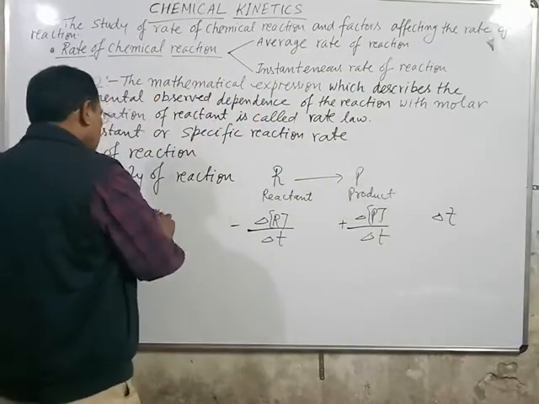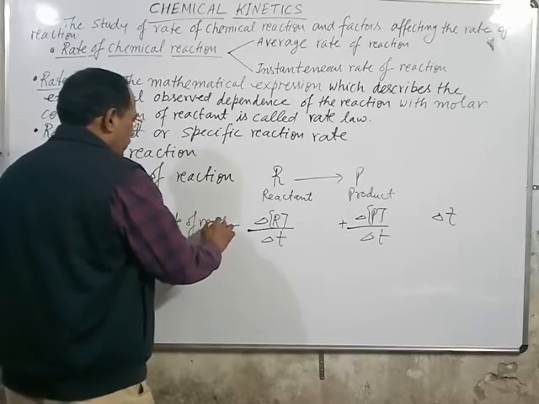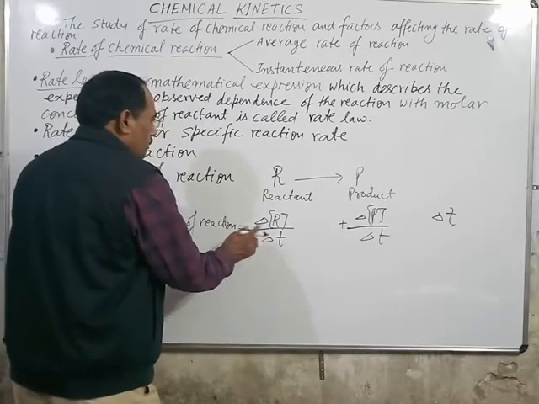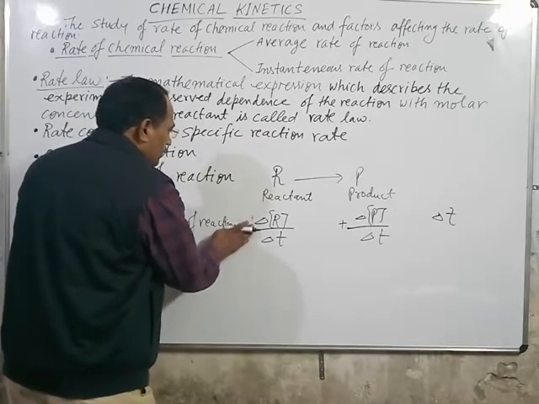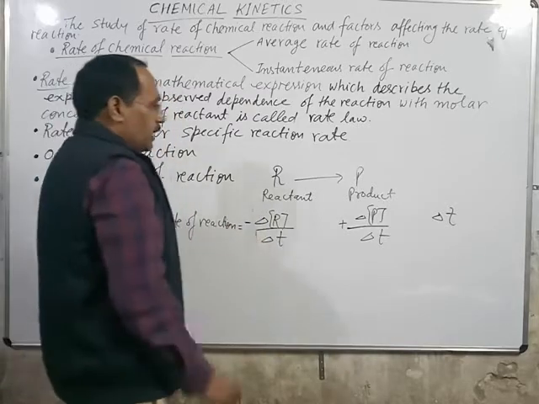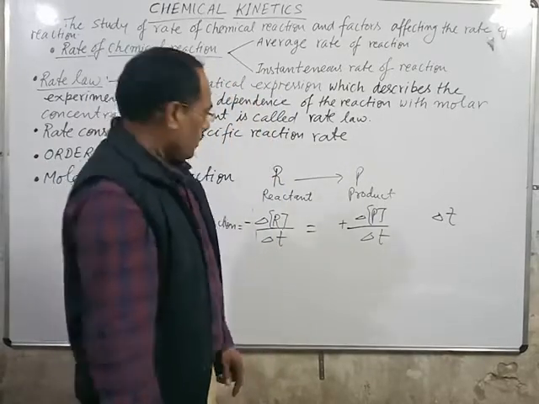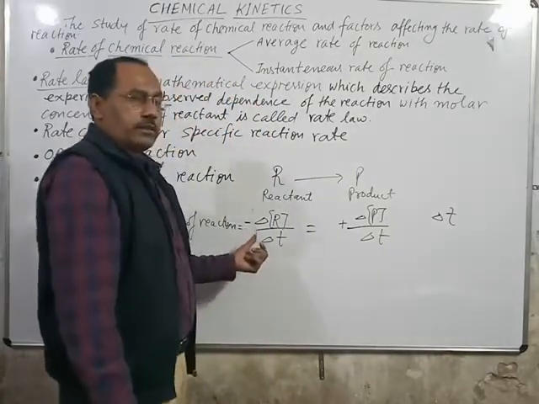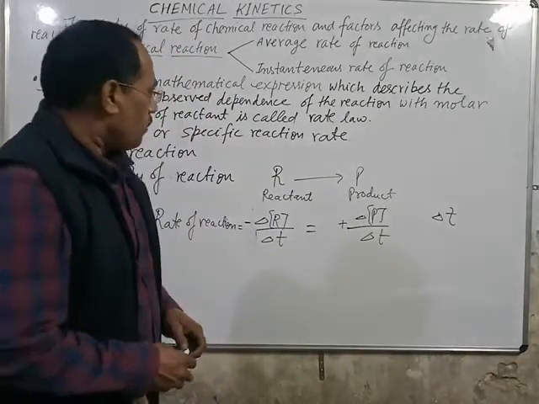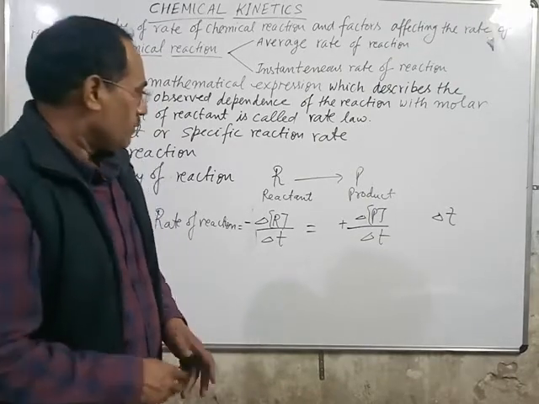So the rate of reaction is equal to minus delta R by delta T and it is equal to plus delta P by delta T, where negative sign represents the decrease in concentration while positive sign represents increase in concentration.